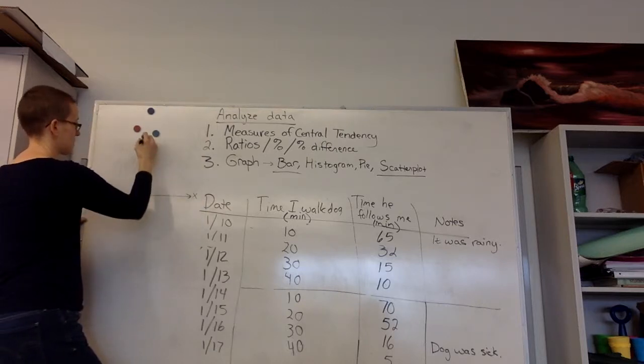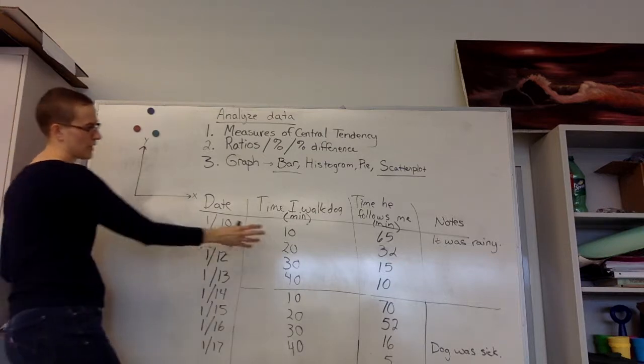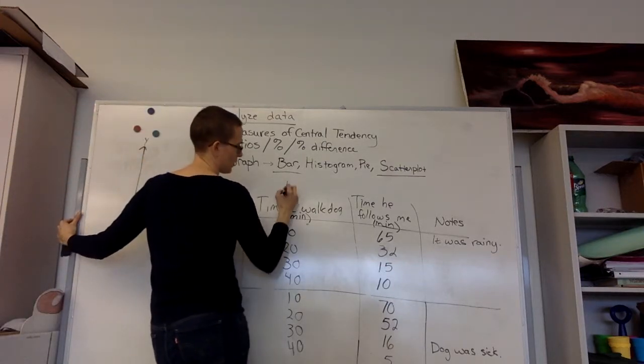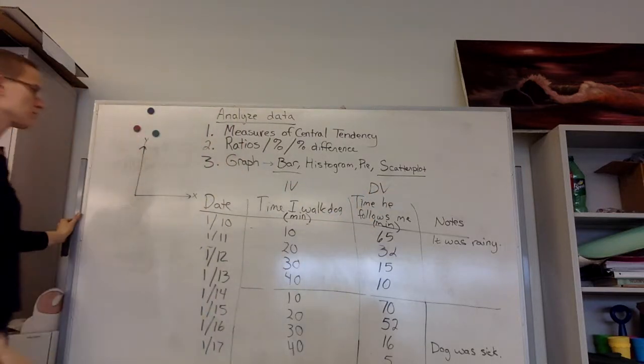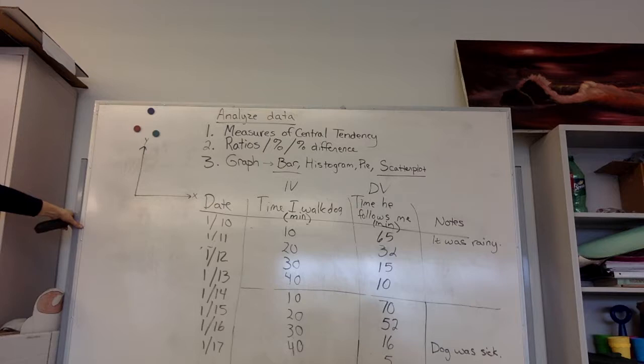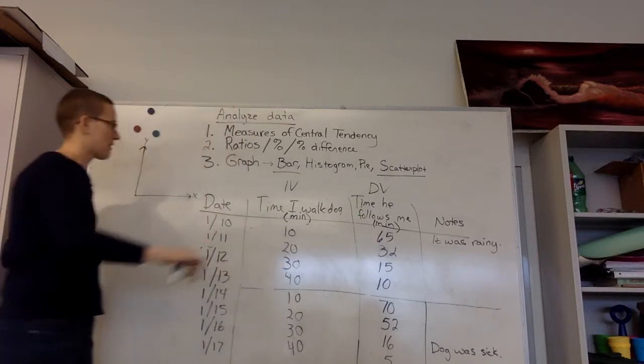we have our x-axis and our y-axis. For the one I have here, this is going to be a scatter plot because my independent variable and my dependent variable are both numbers. And I'm probably going to want to use my averages to graph here.